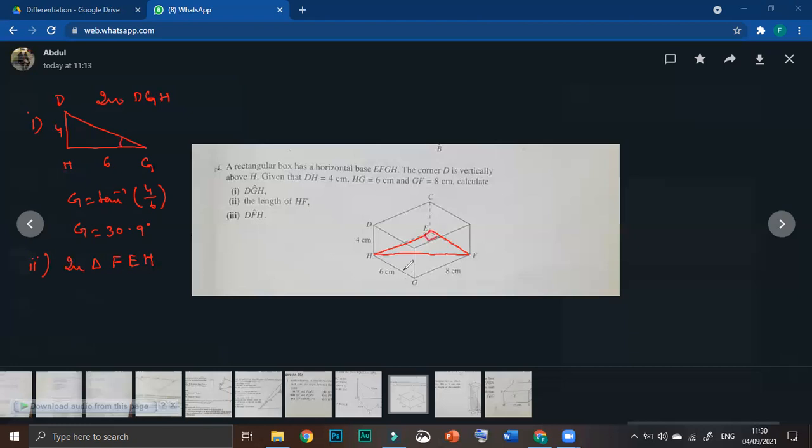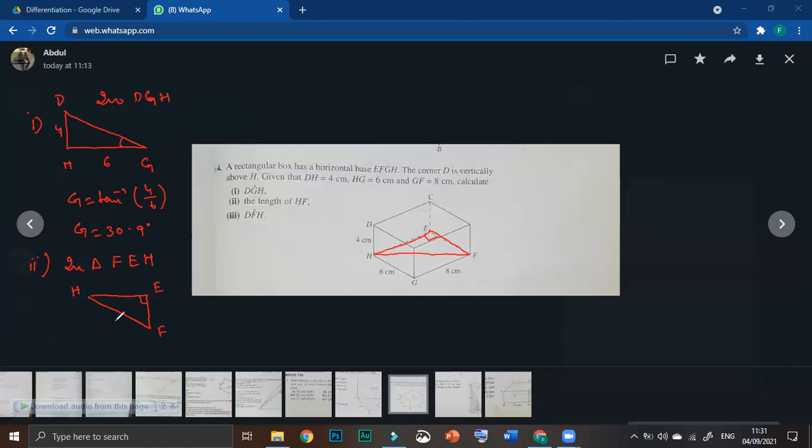Is there any confusion? No, sir. Okay. Now we can see that this 90 degree is not drawn properly. So we will draw this diagram. This one is H, this one is E, and this one is F. This one is 90 degree.